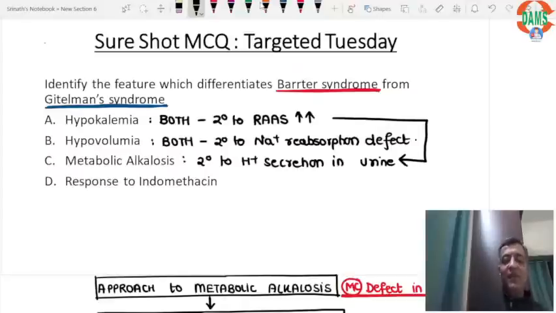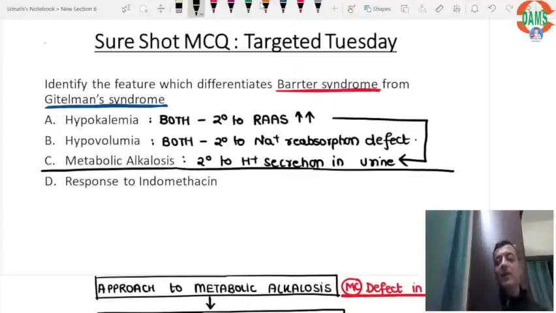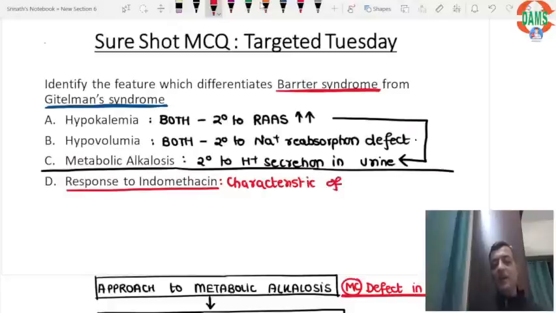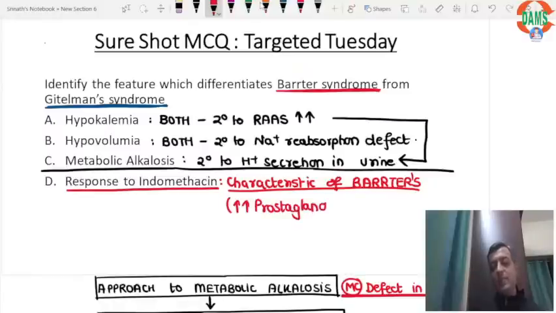Aldosterone is high in both of them. But response to indomethacin is characteristic of Bartter syndrome, because in Bartter's there is gross elevation of the RAS leading to increased prostaglandin activity, which is inhibited by the NSAIDs.